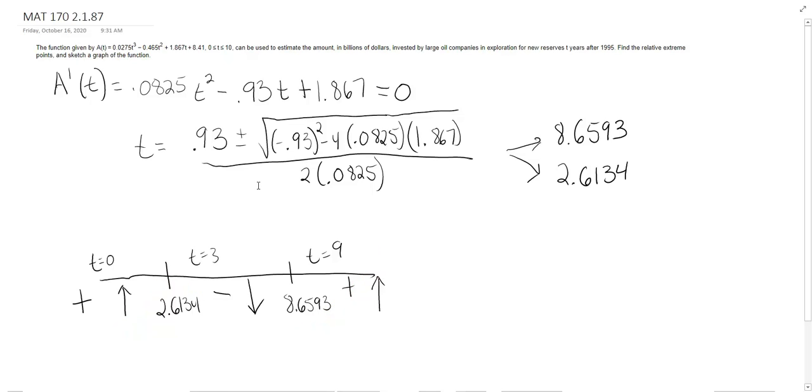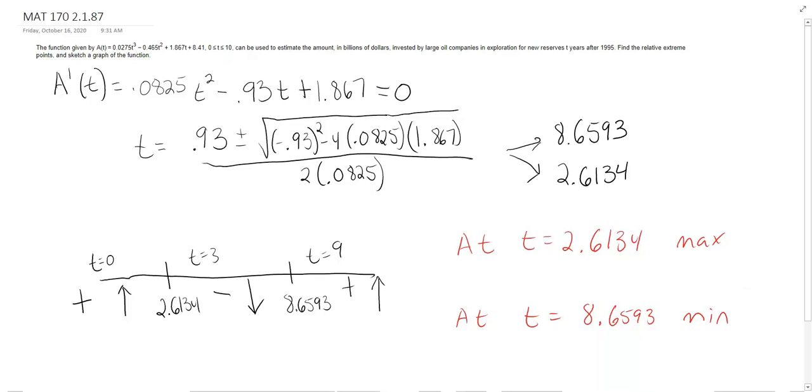The important part here is at 2.613, I have a maximum because the graph is increasing then decreasing, and then at 8.6593 I have a minimum because the graph is decreasing and then it switches to increasing.